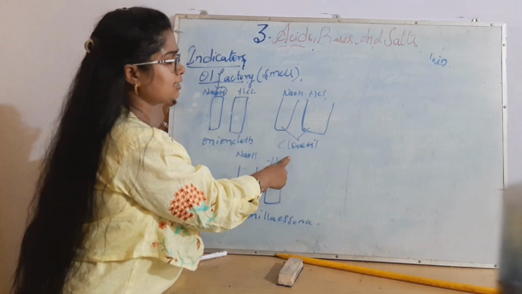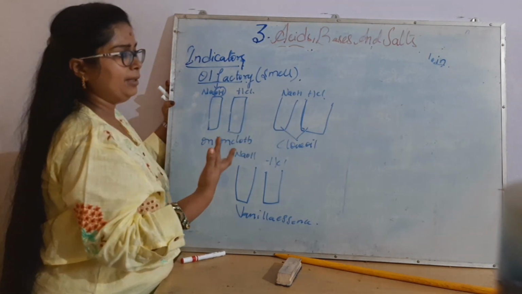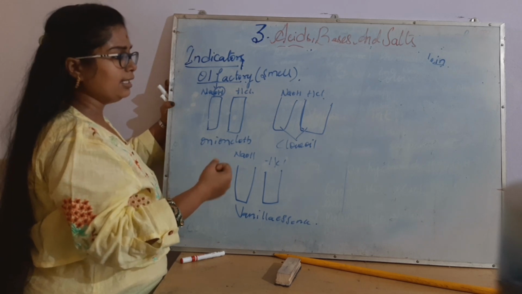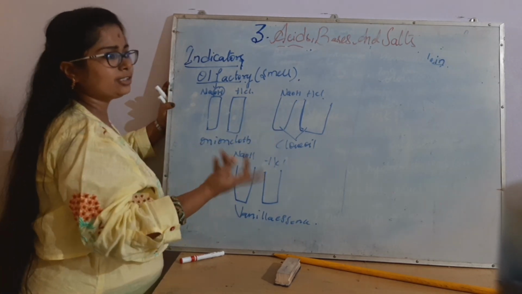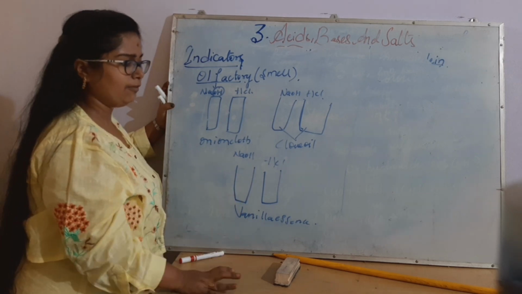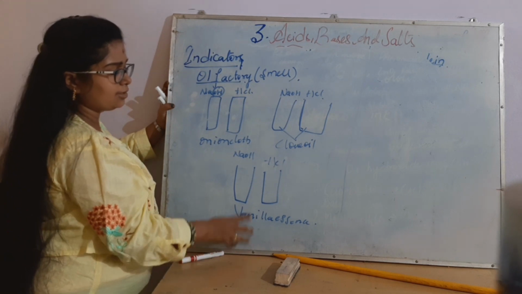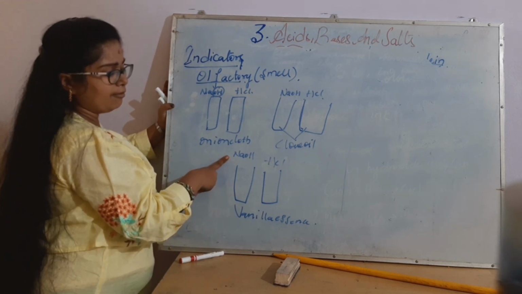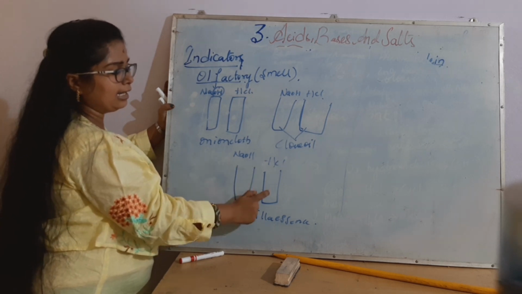The same with clove oil. Clove smells very strong, but when you add NaOH to it, the characteristic smell vanishes. With HCl, it does not vanish. With vanilla essence also, the smell vanishes when adding NaOH, but not when adding HCl.